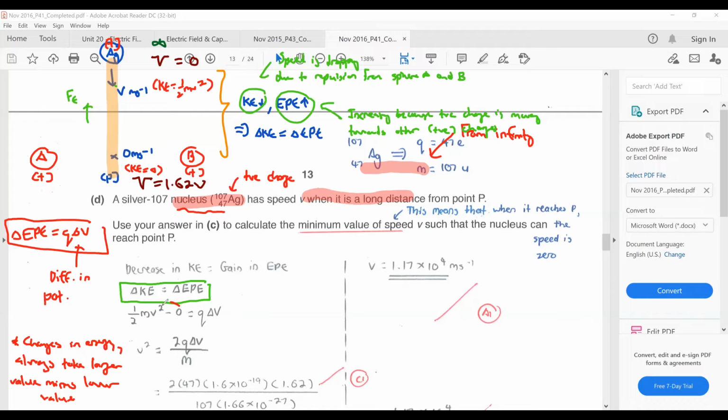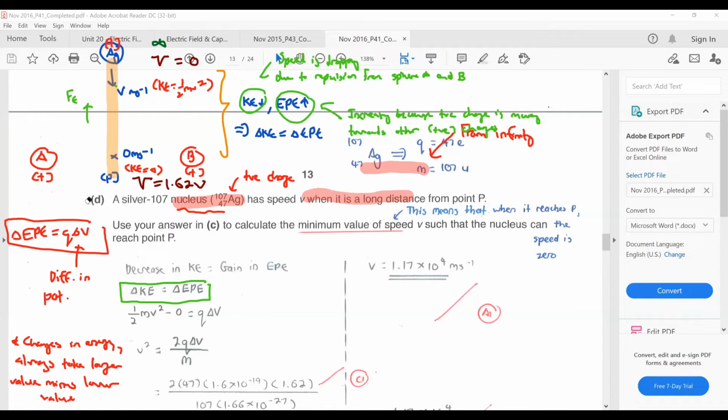Okay, you don't need to be so fixated on whether it should be initial minus final or final minus initial or the other way around, or whether you should maintain it on the left side and right side. Don't bother about that. Whenever you're talking about changes in energies, you always just take the larger minus the lower value. All right, because you're just interested in the magnitude. All right, so just take whichever is larger minus the lower.